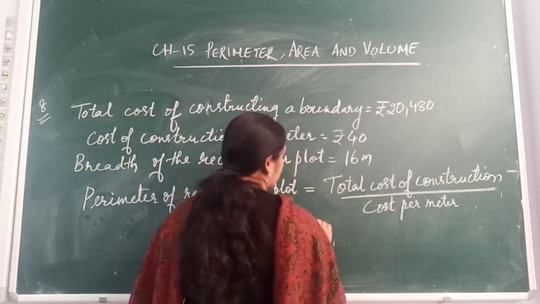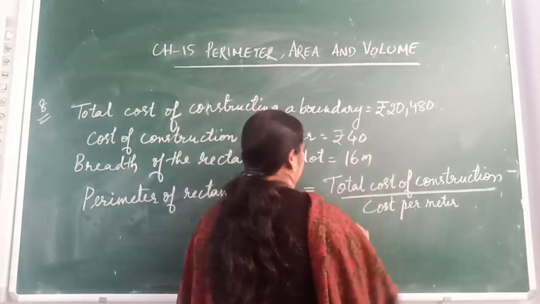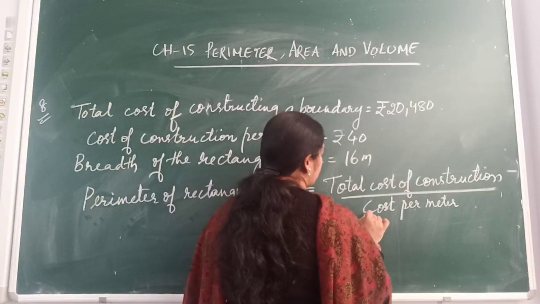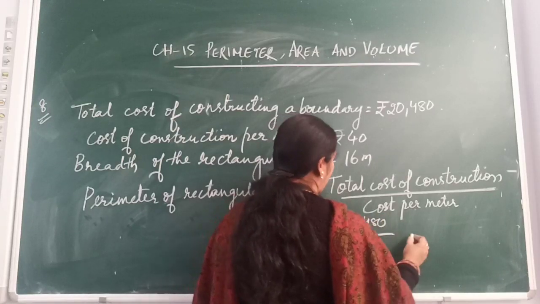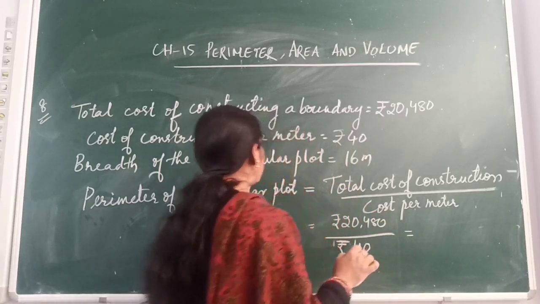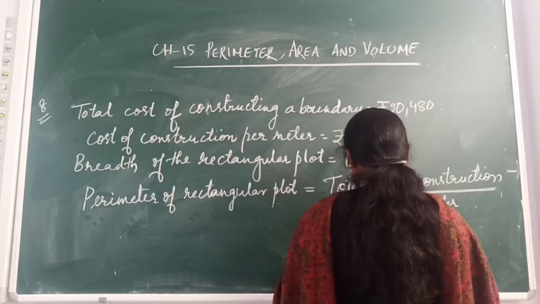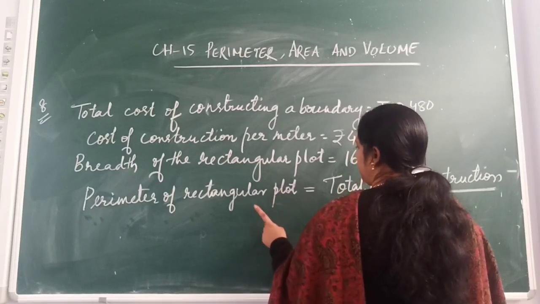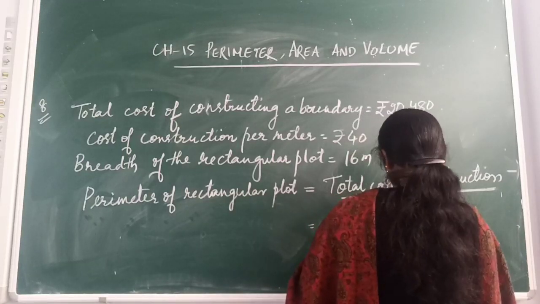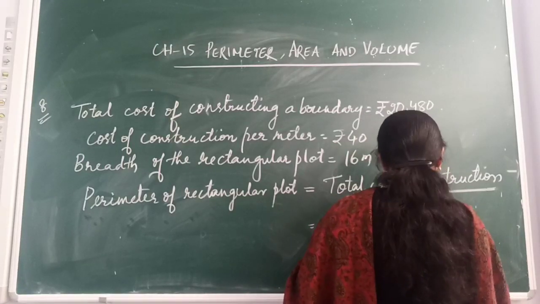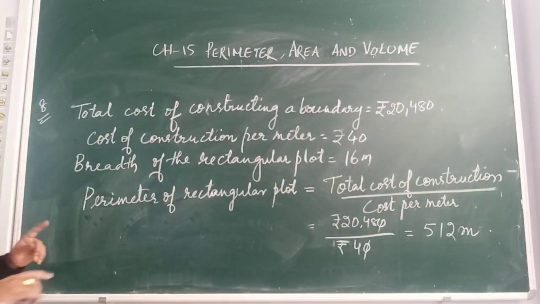Okay? Now, tell me, what is the total cost of construction here? That is rupees 20,480, whereas the cost of construction per meter is rupees 40. Now, just divide and find the perimeter of the plot. The length of the perimeter of the rectangular plot will be 512 meters.